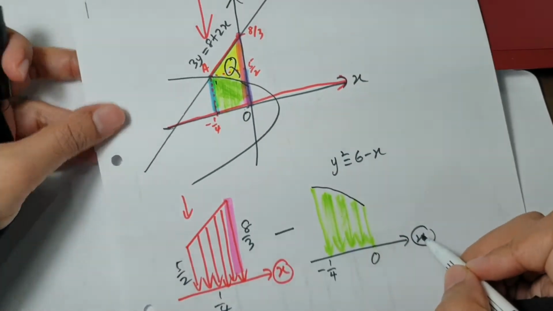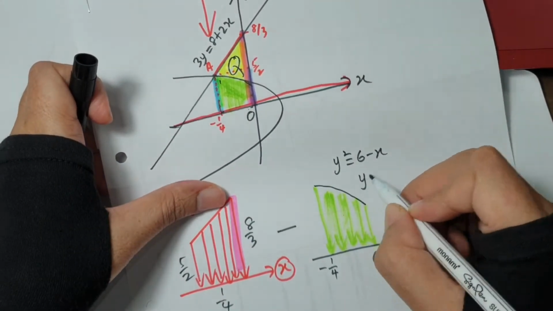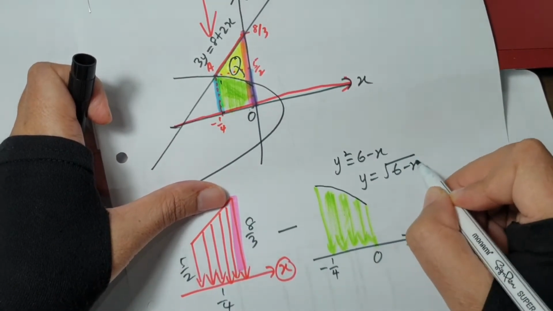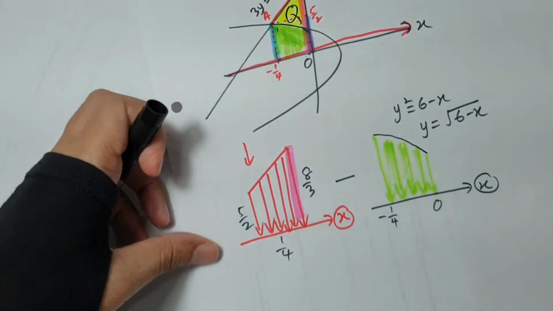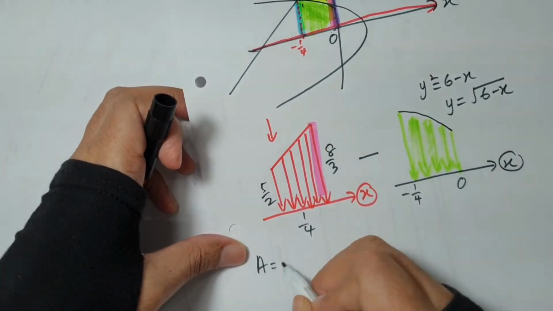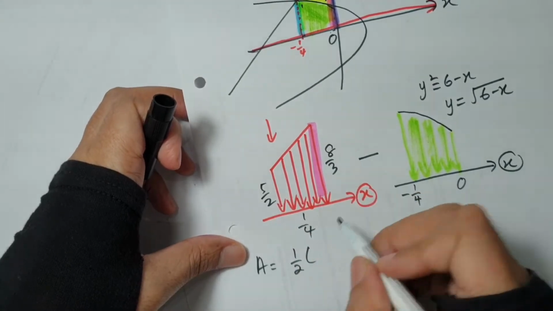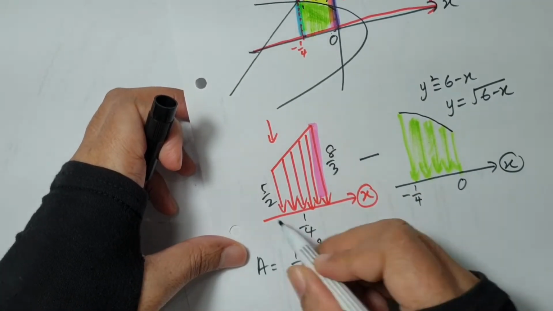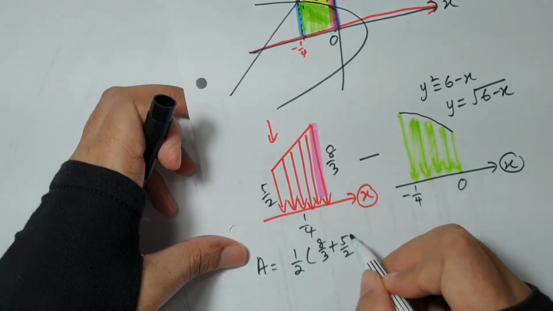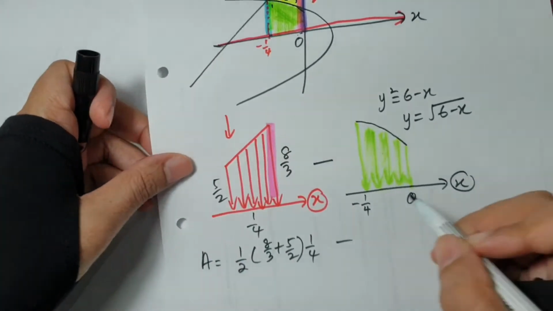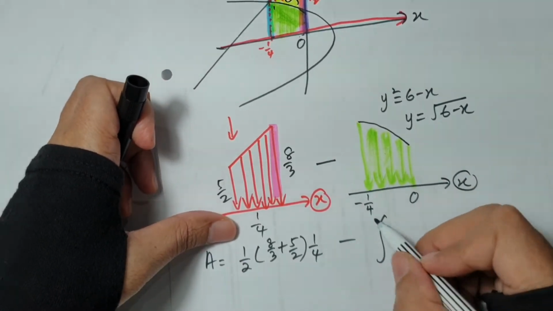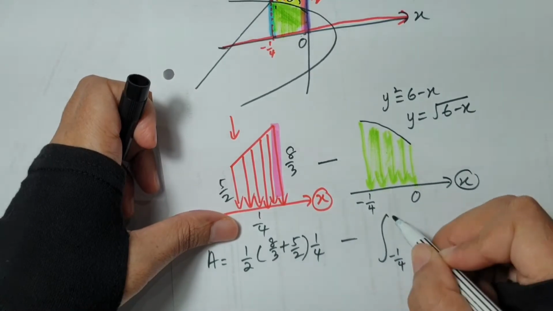Now we choose bounded by x, so we must make y the subject, so take the square root. We find the area now: half the sum of the two parallel sides, the area of a trapezium, plus 5/2 times 1/4, minus this one, with limits from negative 1/4 to 0.